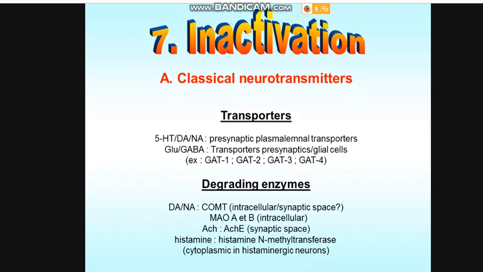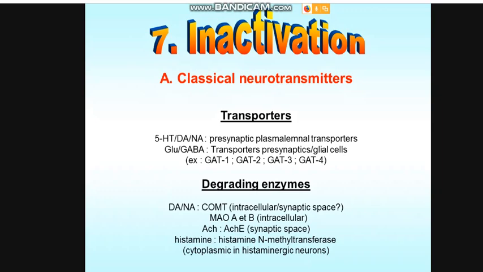And for GABA, I think we have GAT1 to GAT4. These transporters are not necessarily expressed by GABAergic neurons or glutamatergic neurons. Some of them are specific to glial cells. So this is quite complicated, and we will see that glial cells cannot be dissociated from glutamate and GABA functioning.